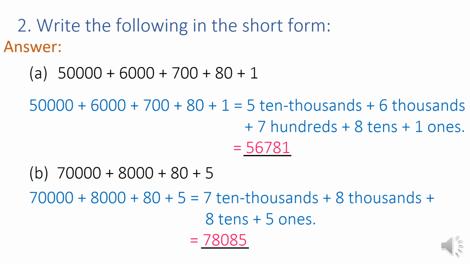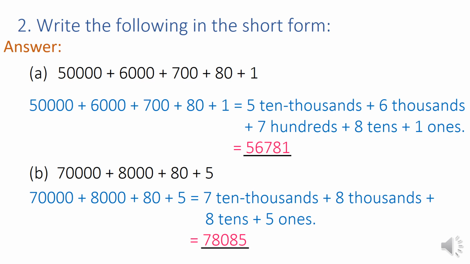Okay. Our second sub-question is write the short form of 70,000 plus 8,000 plus 80 plus 5. So 70,000 plus 8,000 plus 80 plus 5 can be written as 7 10,000s plus 8,000s plus 8 tens plus 5 ones.